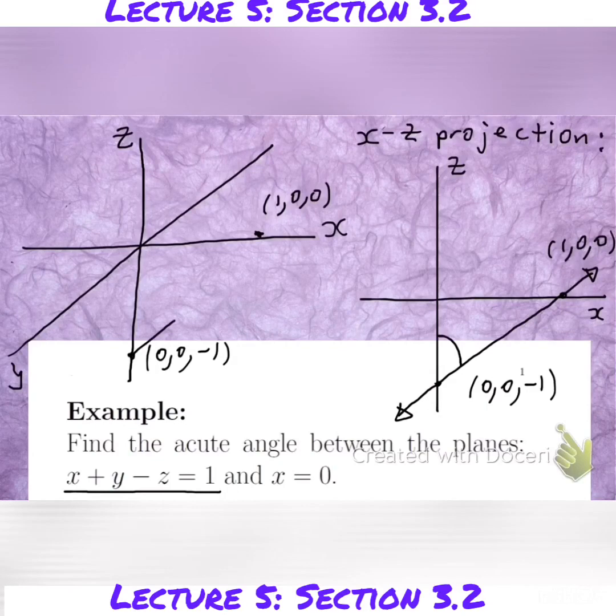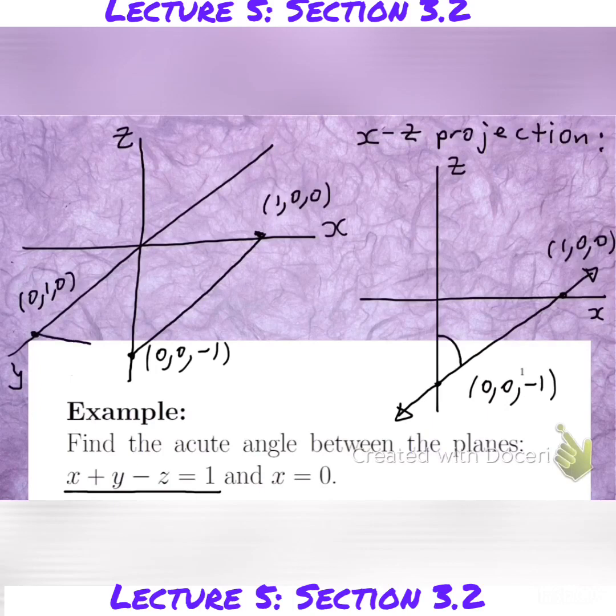Okay, so we've got that line there. And then we can also look at the ZY projection by making x 0, and we get the point 0, 1, 0.